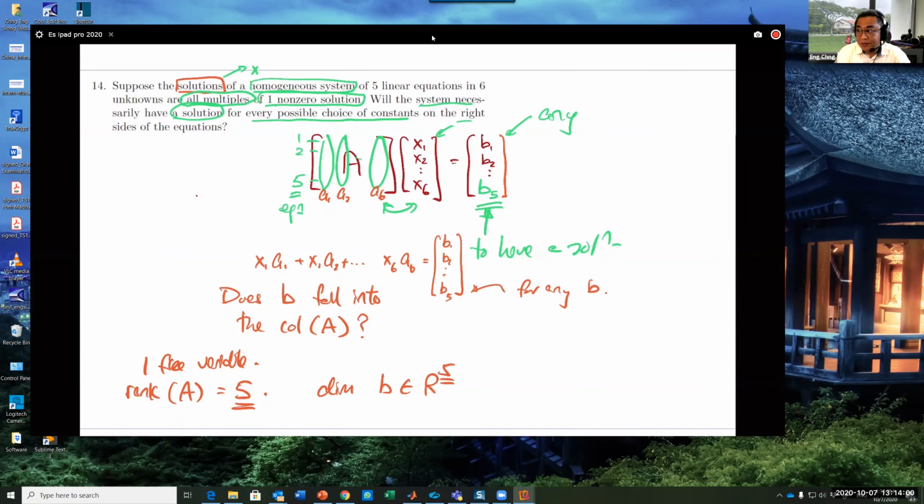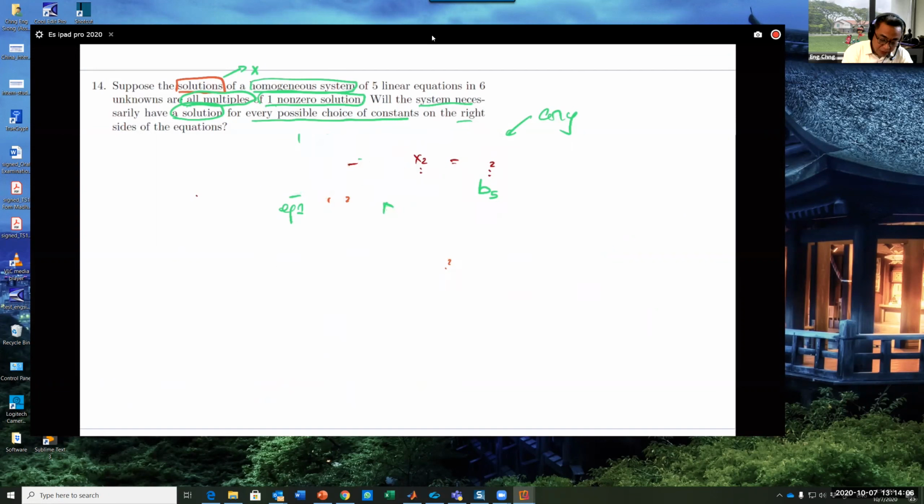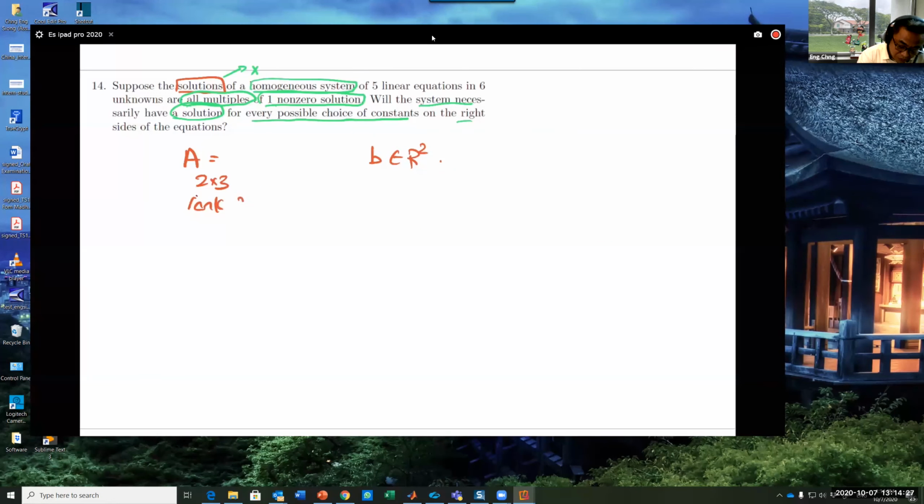Or if you prefer something more concrete, I'm going to give it to you now. Let's do something more concrete. Maybe just now was very abstract. Let us have an A that is a 2 by 3 matrix, and a B, therefore it is in R2. Now let this A have rank 2, very similar to the problem we have here.